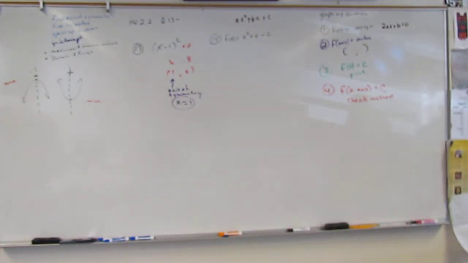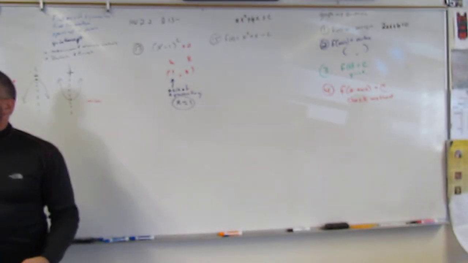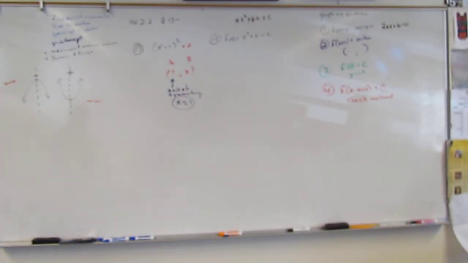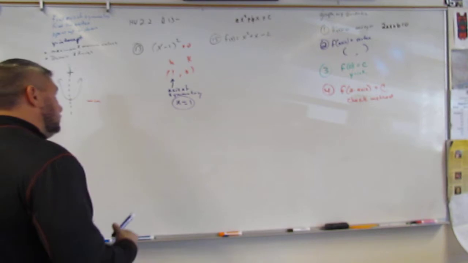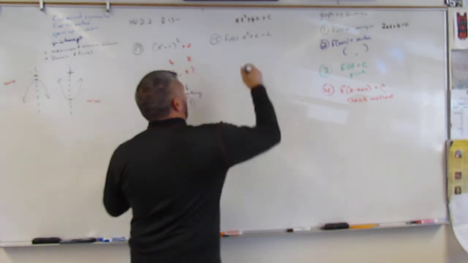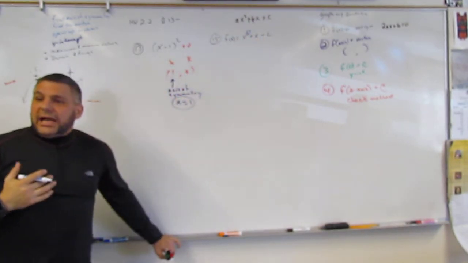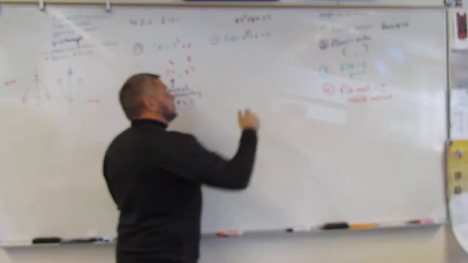So, we have the first step, finding the derivative. The derivative is really, really easy. It's the exponent times the first coefficient.